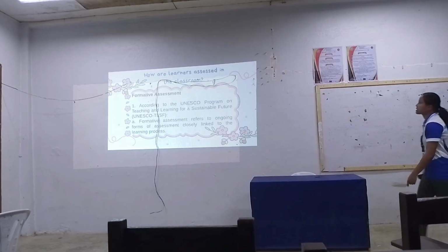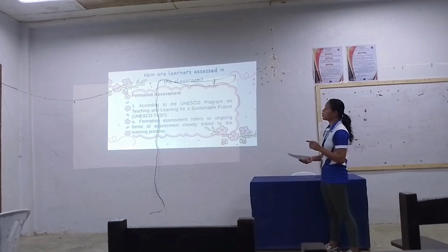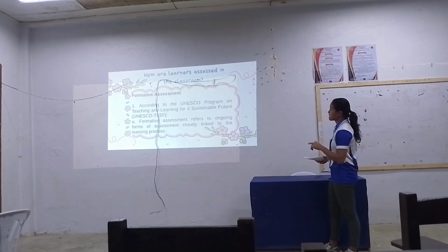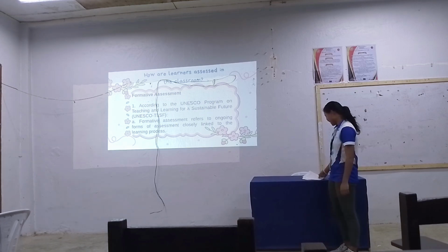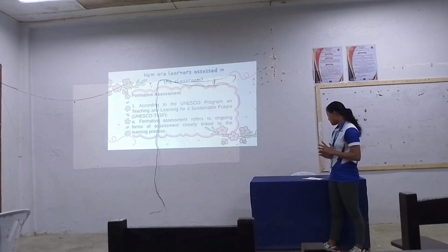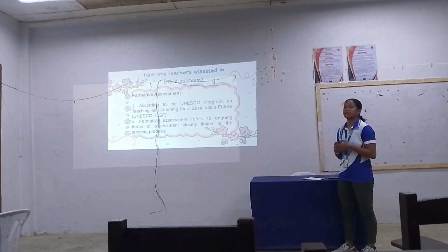So next is how our learners are assessed in the classroom. First is formative assessment. According to the UNESCO program on teaching and learning for a sustainable future, formative assessment is a way for teachers to check how well the students are learning while they are studying the topic.